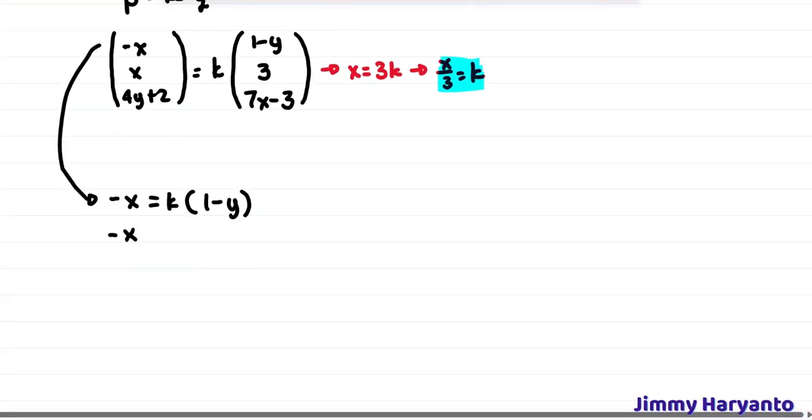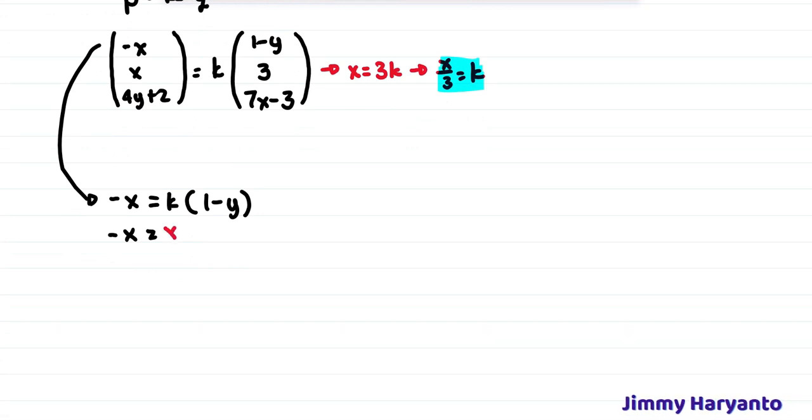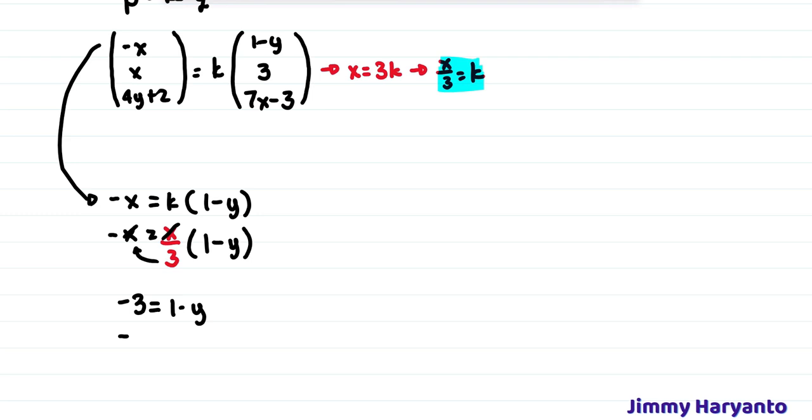I can replace the value of k, because we already have it, which is x over 3 times 1 minus y, like this. And then we can cross out the x and then multiply by 3. You will have -3 equals 1 minus y. And then move the 1. You will have -4 equals -y. And then y equals 4. Okay, so we already have y equals 4.